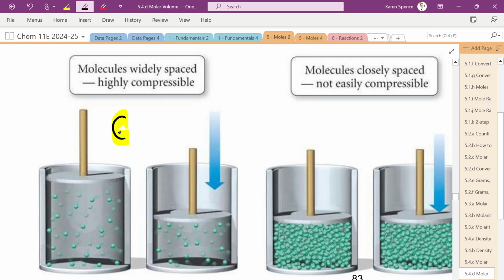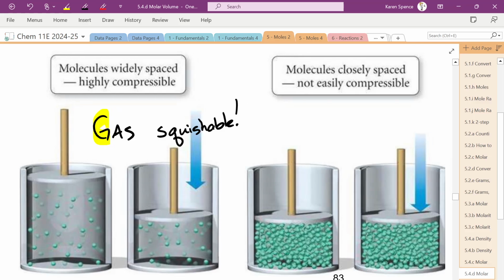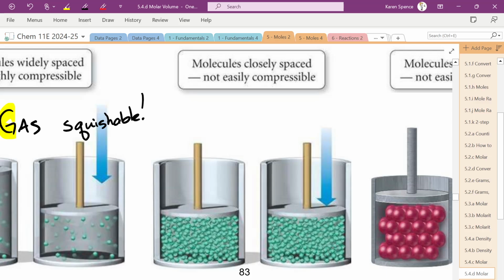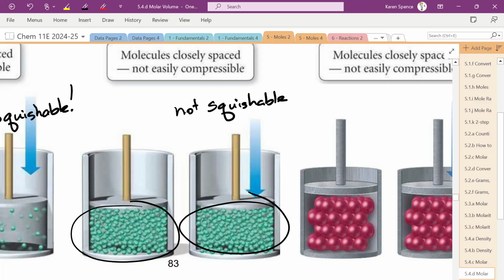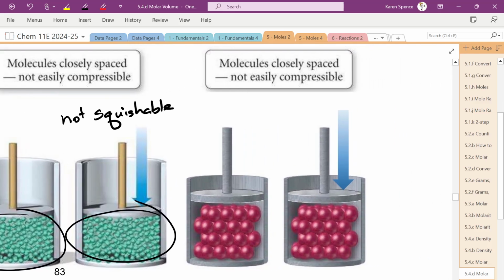Squishable. We basically have the volume. Liquid. So tightly packed already, still tightly packed, not squishable. Solid, not squishable.